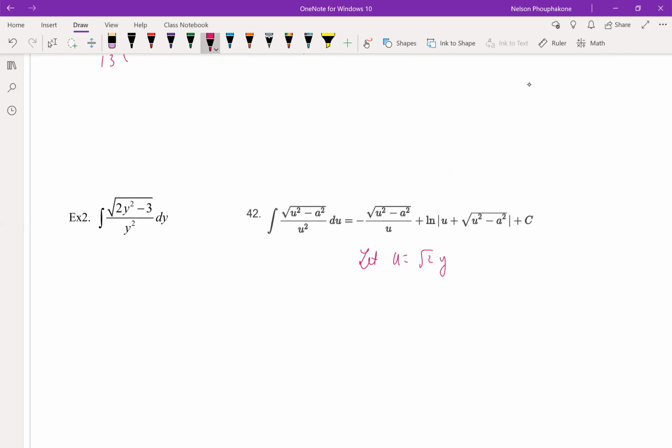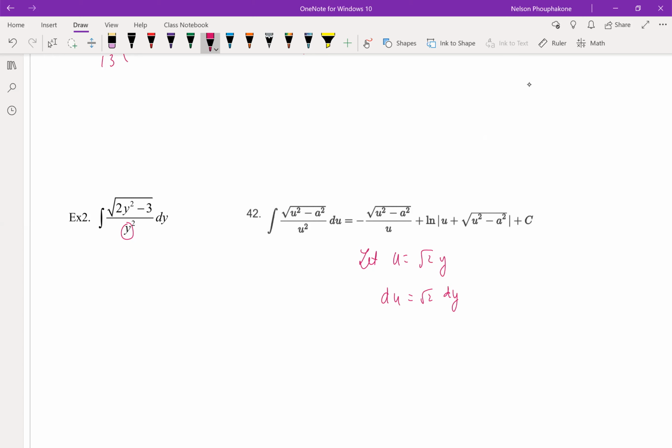Because in this case, u squared is equal to 2y squared, right? So if this is the case, then du will be square root of 2 dy. But be careful about this: in the denominator, I only have y squared.